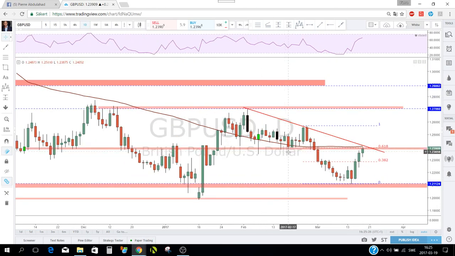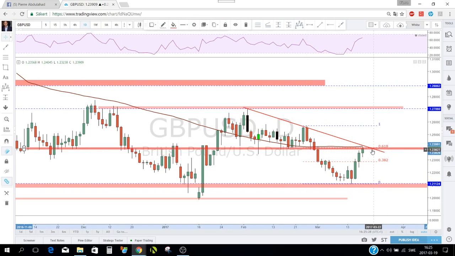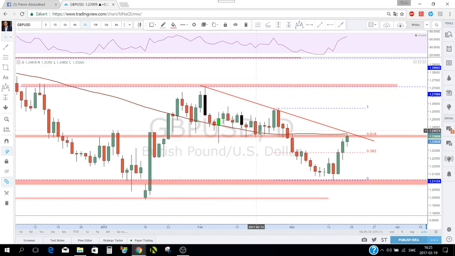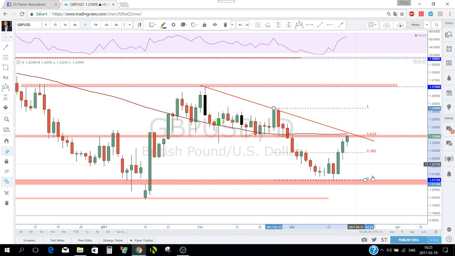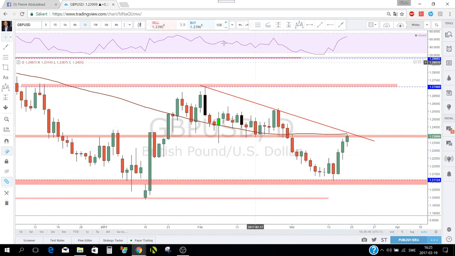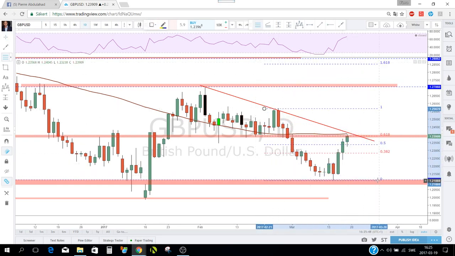For me, we'll be looking for maybe a possibility for another short down, because guys, what we have here, if you take a Fibonacci retracement of this leg, let me draw it once again so you can see what I'm talking about, from this high to this low back down here, you see that we have the 61.8 at this level.